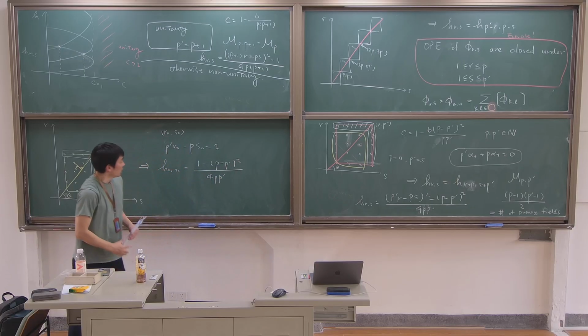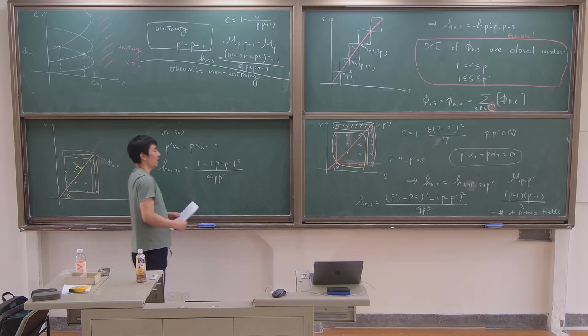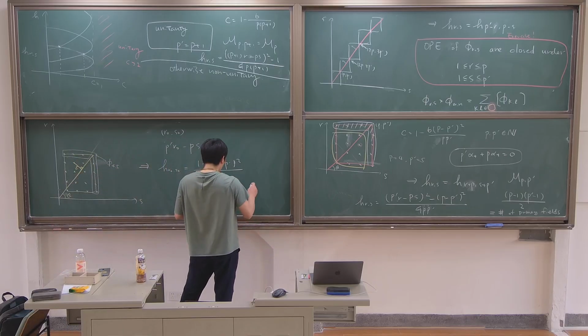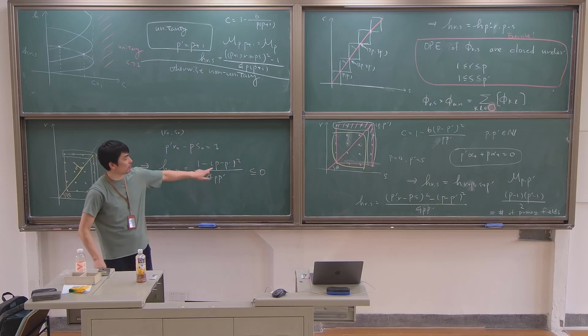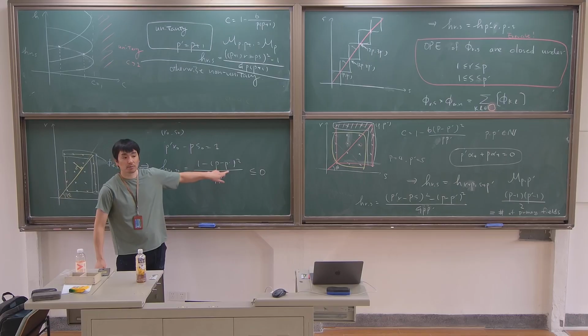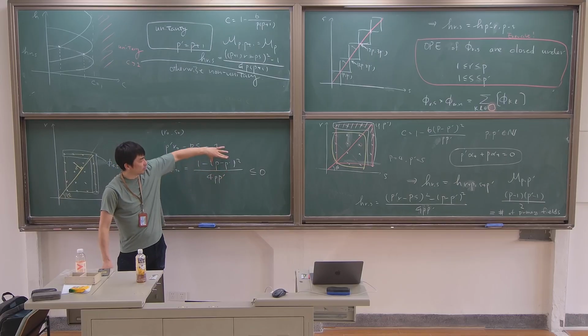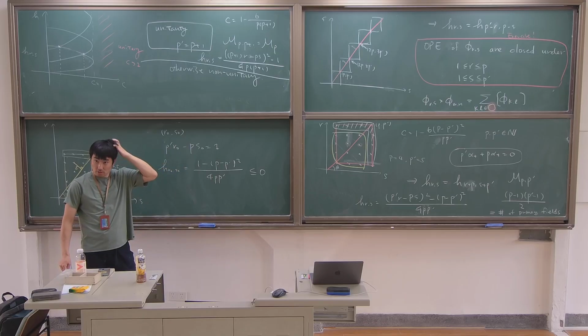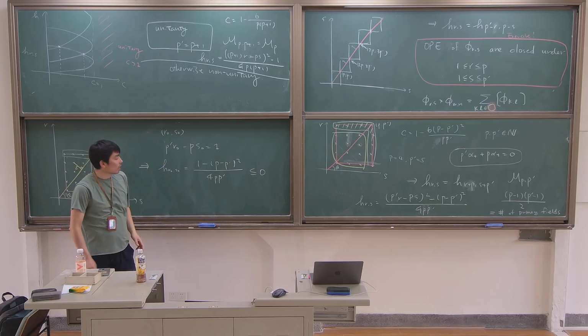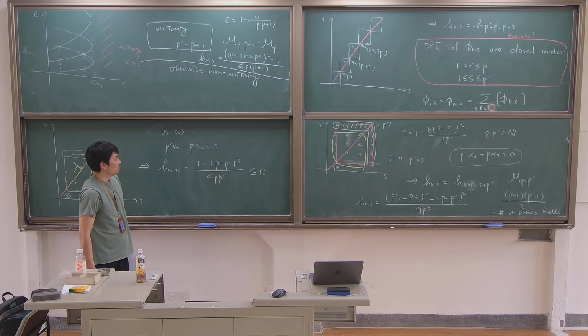Okay? And this is always like this, because P and P prime are positive integers, right? So this is definitely greater than or equal to 1.